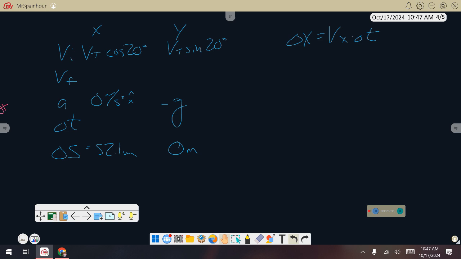What's delta x? 52.1 meters x hat. All right. What is Vx? We don't know. Oh well. Right, what we do know: Vt cosine 20.